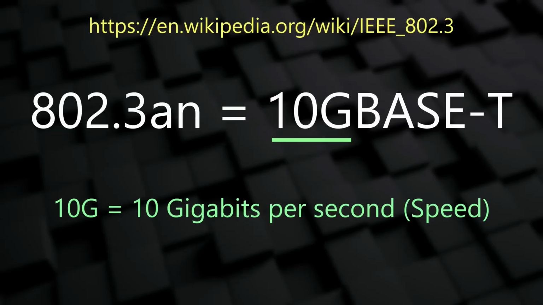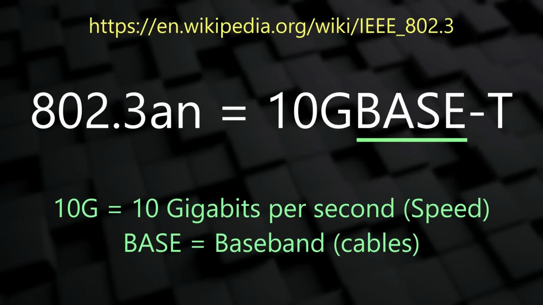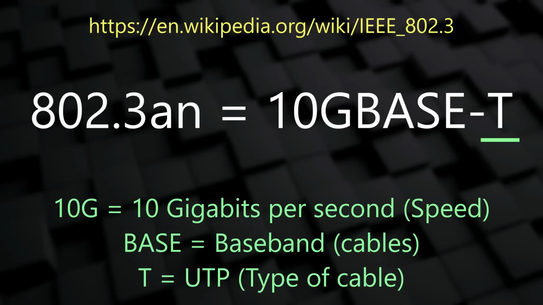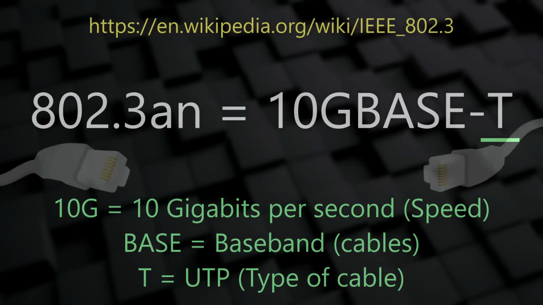In this case, it is 10 gigabits per second. Base is short for baseband. This means that it uses a digital signal. The alternative is broadband, which uses an analog signal. The T means that this is a UTP cable. I'll explain what a UTP cable is soon. You might see other cables here, like LX, which refers to a type of fibre optic cable.